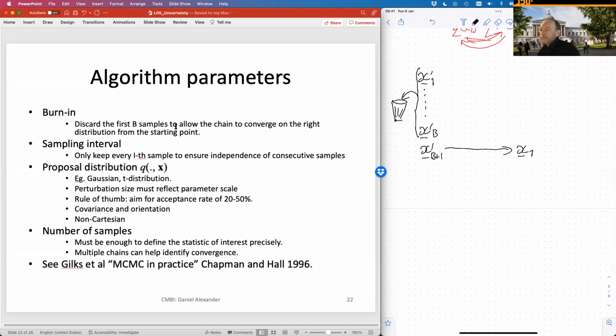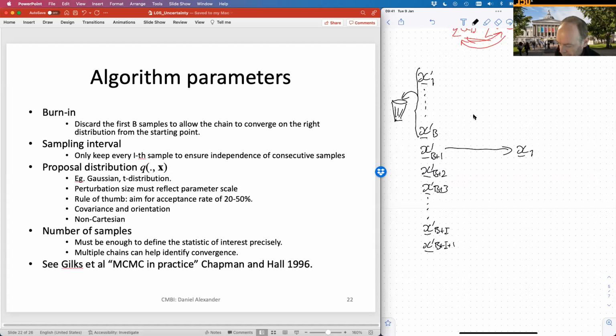So then moving on to the second bullet point here, another common thing to do is this. Let's assume that we've found the action part of the distribution by the time we get to X1, or X dashed B plus 1. Very commonly what one might then do is not to just start taking every single sample from there on, but actually to discard the next chunk of them as well, until we get up to some number B plus I, I being an interval.